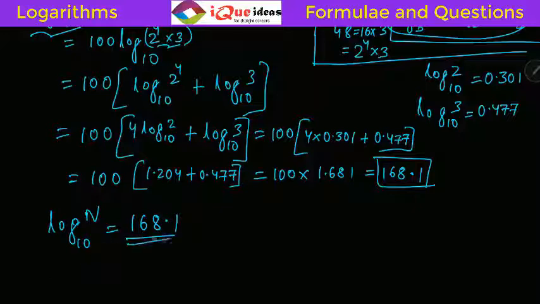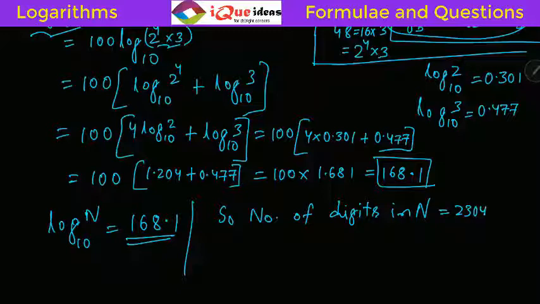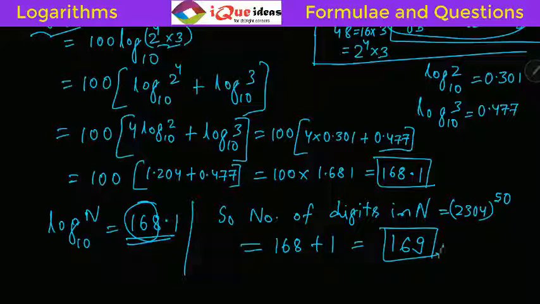All right. So the number of digits in that number n, which was 2304 to the power 50, is equal to the integer part, that is 168, plus 1, which is equal to 169. So the answer of this question is, there are 169 digits in that number.